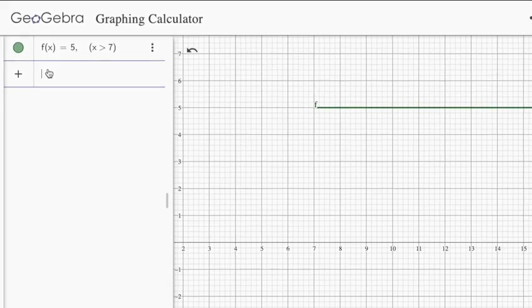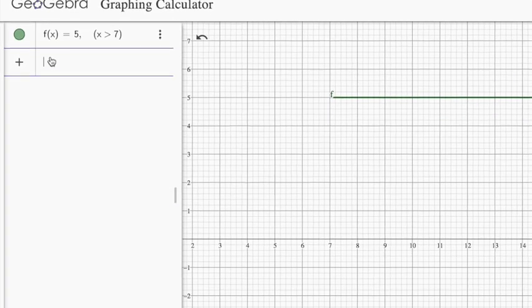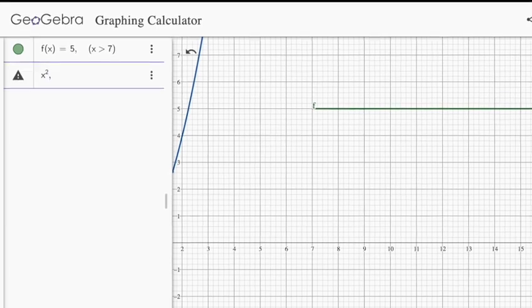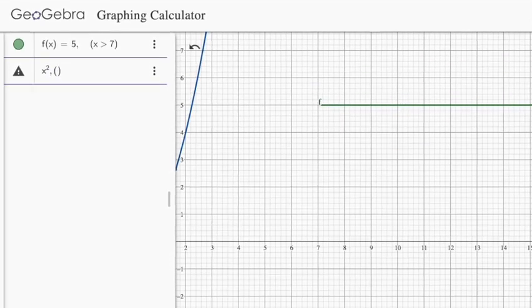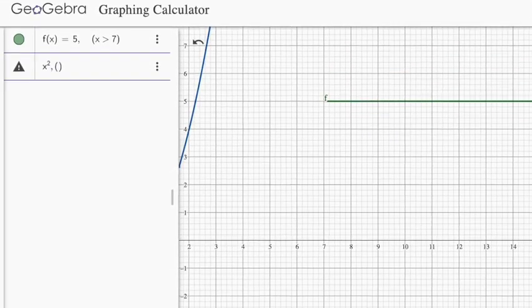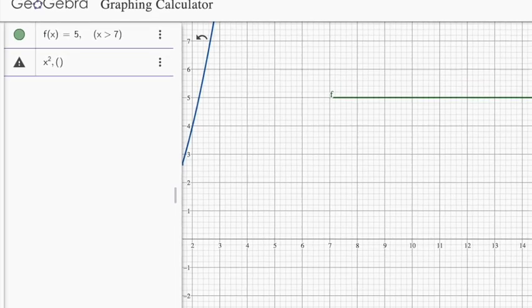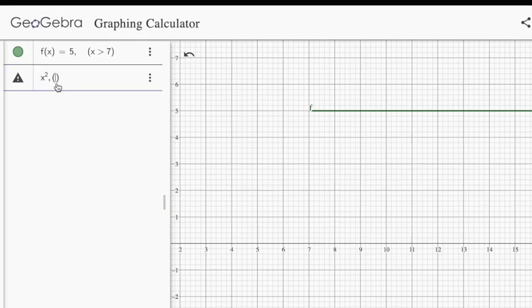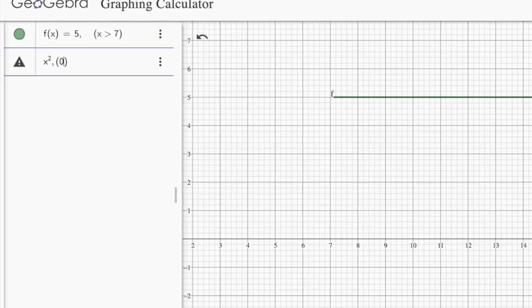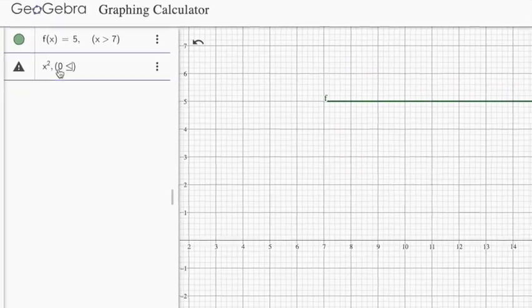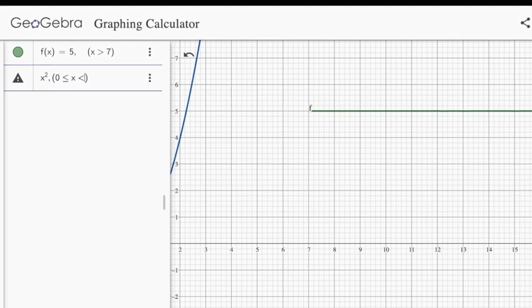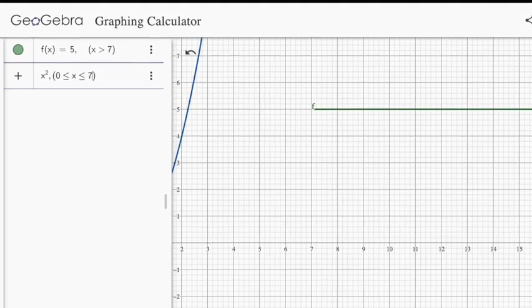Let's say I want the next piece to be x squared, and then I'm going to put a comma and then state my restricted domain in my parentheses. Let's say I want to do that between 0 and 7. So I'm going to put in there that 0 is less than or equal to x, which is less than or equal to 7.